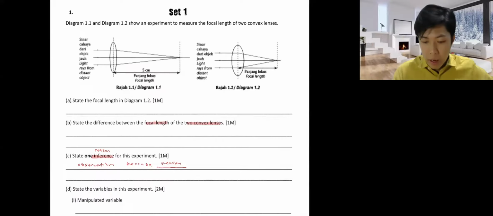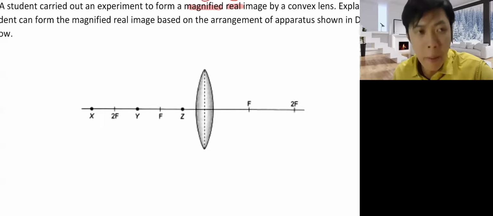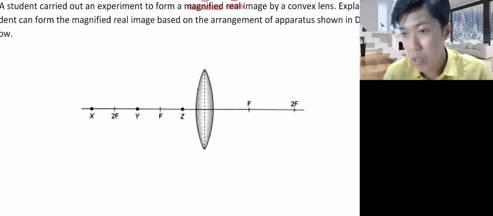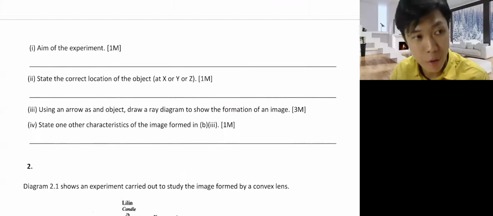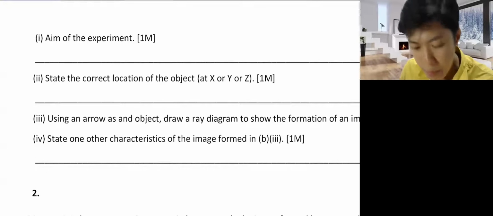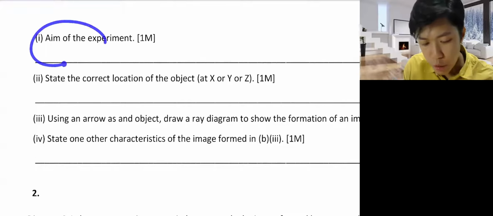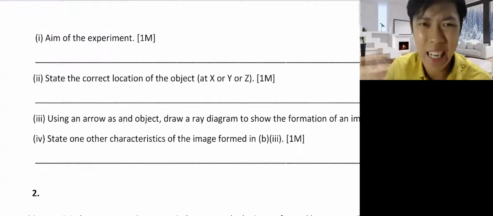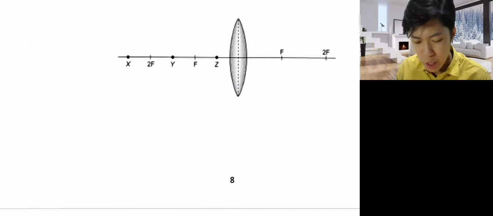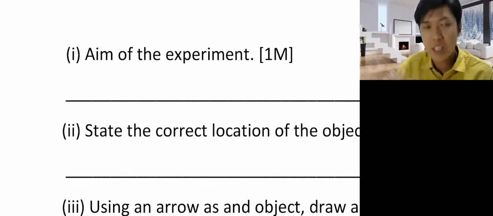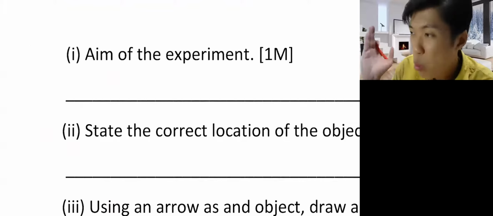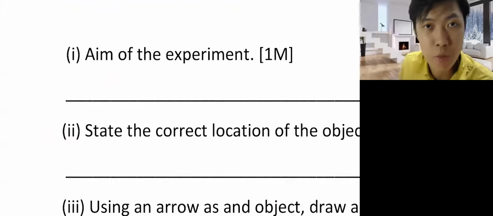Before that, I saw you all tell me where you should place it. Number 1, aim. What we're trying to find out here is where I should place my object. So your aim for the experiment is actually to find out where I should place the object.